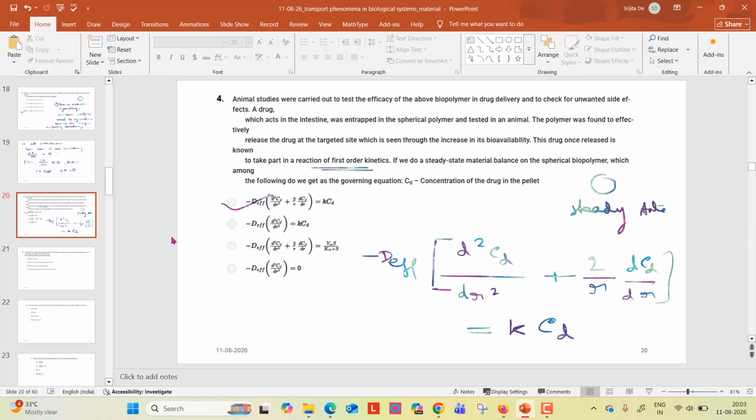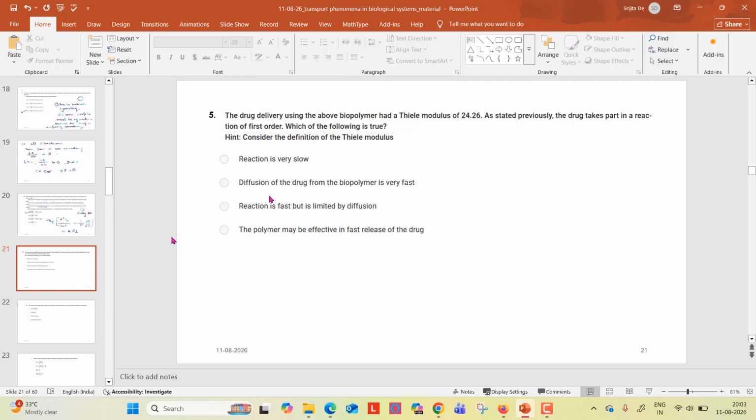The drug delivery using the above biopolymer had a Thiele modulus of 24.26. As stated previously, the drug takes part in a reaction of first order. Which of the following is true? Consider the definition of the Thiele modulus.